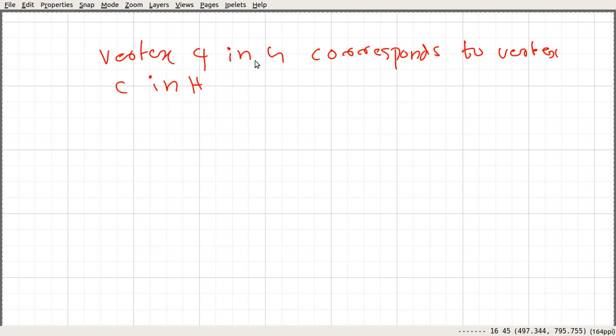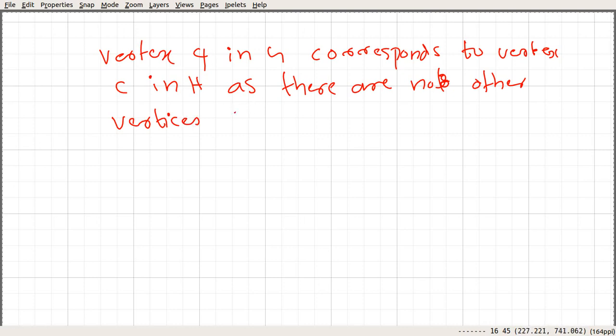Vertex 4 in G corresponds to vertex C in H, as there are no other vertices of degree 3.